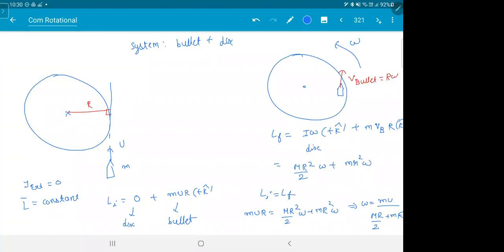Let's see, next one. This was asked in JEE. Same problem, and now we do it in reverse. We have a disk. There's a man standing here.